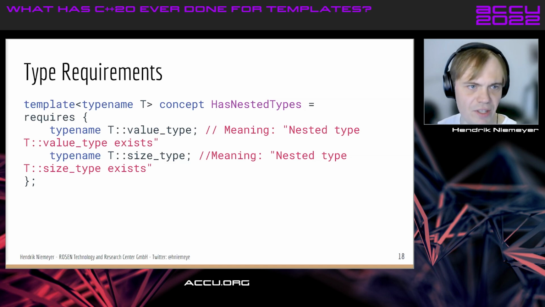So here we have the concept has nested types, and it has two type requirements, and it checks whether the type T has a nested type value type and the type T has a nested type size type. And if both of these things are true, then the concept has nested types for type T will evaluate to true. And if one of these or both of them do not exist, then the concept has nested types will evaluate to false.